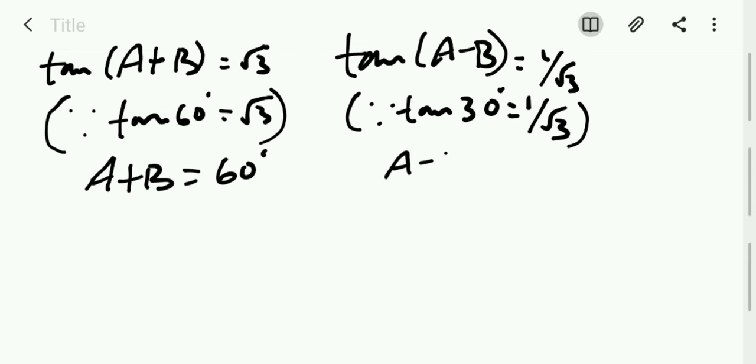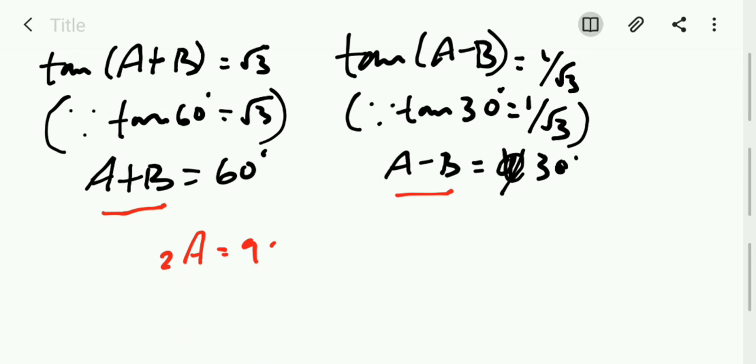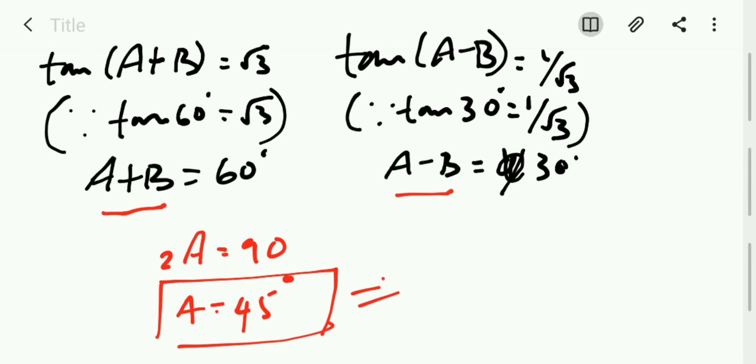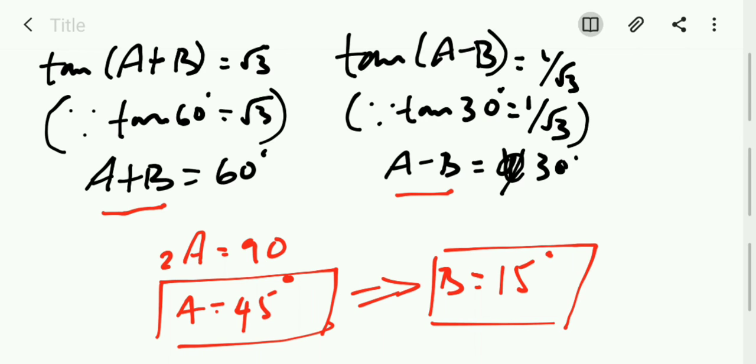So therefore a minus b is also equal to 30 degree, right? The same thing we did in our first sum. Therefore 2a is equal to 90 and a equals 45 degree. If a is 45, this implies that b is 15 degree. That's it. Look how simple it is.